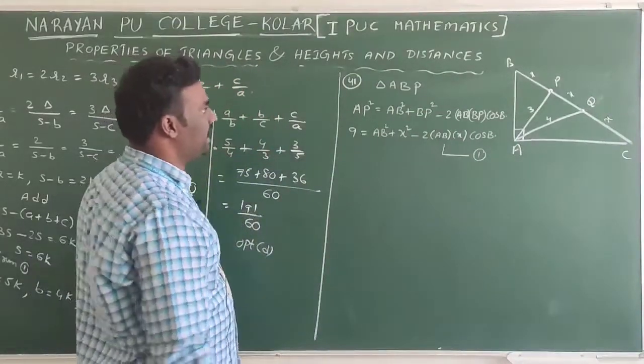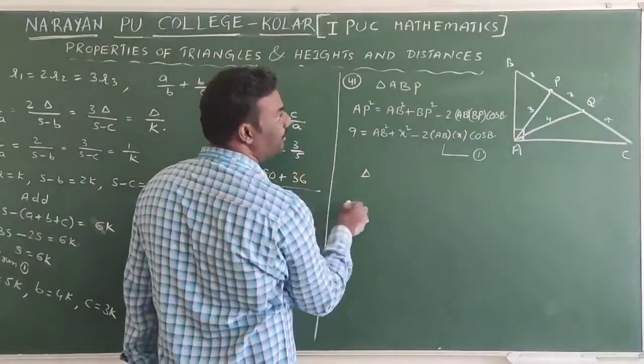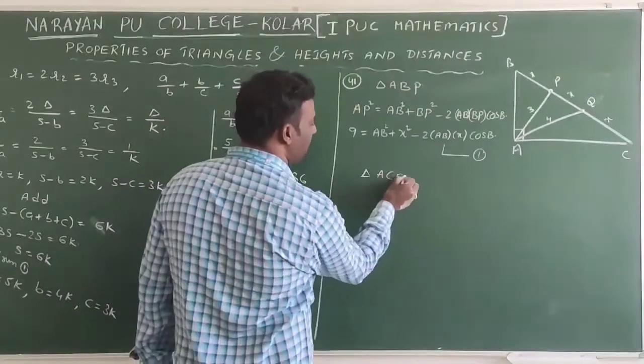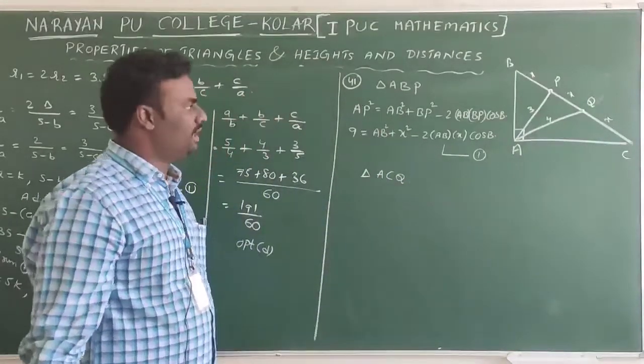Now you can take the triangle ACQ. Again you apply the cosine rule.